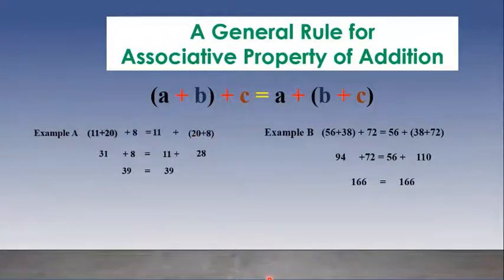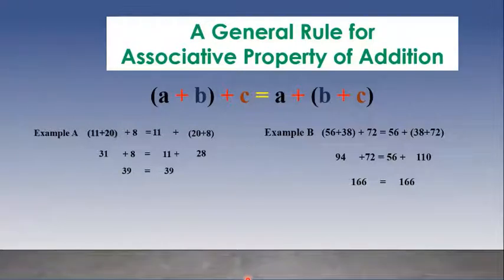So let's solve. Remember, we work out what is inside the parentheses first. So let's do this side first. 11 plus 20 will give us 31. Then we bring down the plus 8 and we say 31 plus 8 will give us 39. Now we go over the next side.